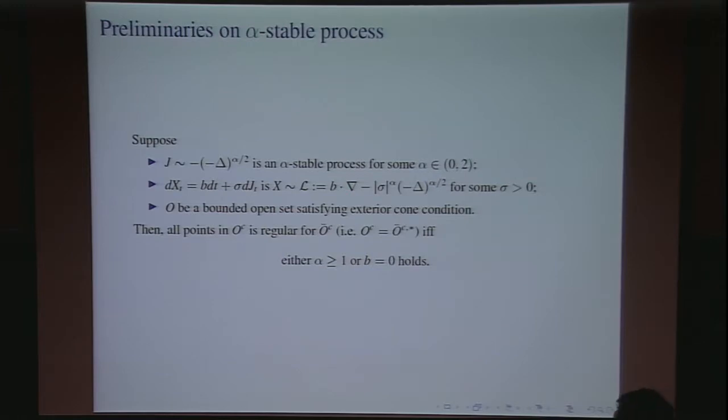And then we can ask, given O, my question is when the boundary is regular, at which points? Then the answer is, of course, O is a bounded open set with exterior cone condition. So the answer is very simple: either alpha greater than or equal to 1. So just Brownian motion. If you run Brownian motion from the boundary, then it immediately exits.